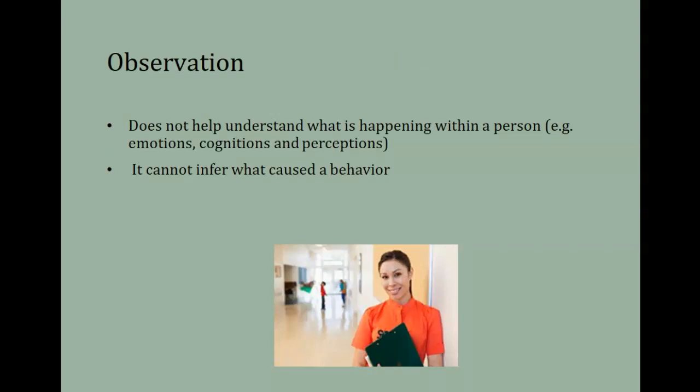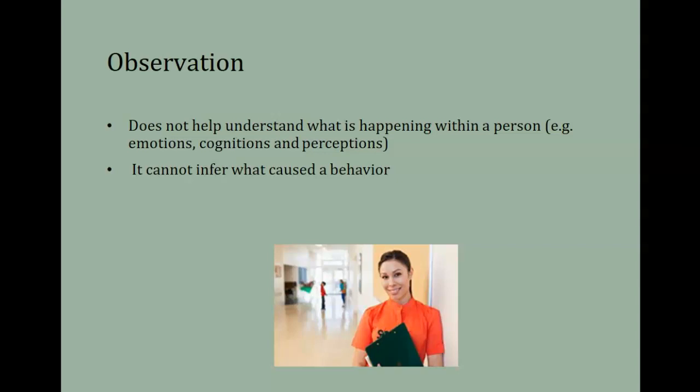Observation does not help understand what is happening within a person. That's only knowledge that they have. You can't use observation to understand emotions, cognitions, or perceptions. That's all internalized for the person you're observing. The only way you get to know that is by asking them. And we can't infer necessarily what caused a behavior.